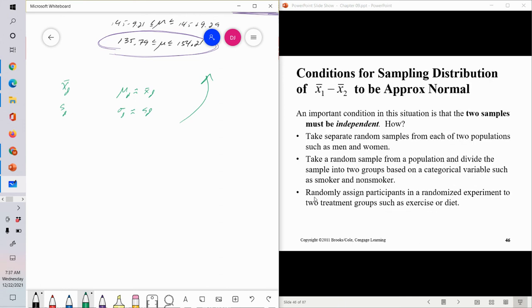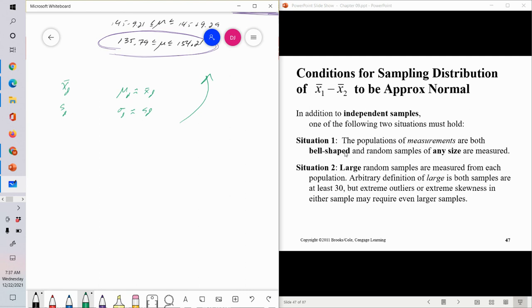Some conditions: the two samples must be independent, come from two different populations. Either the population is bell-shaped, so this is okay to use, or your sample size is large enough that whether the population is normally distributed or not, the sampling distribution would be. And large enough really means that your sample size is at least 30.